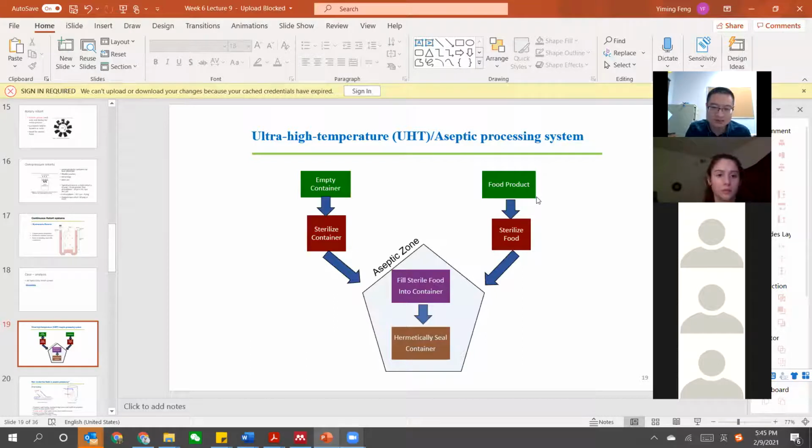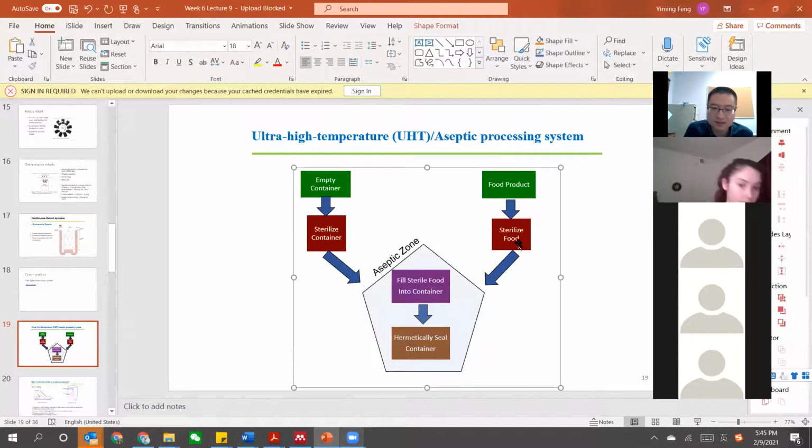The aseptic zone means it's always sterilized over time, either using UV light or a lot of different ways to keep out any contamination. And anything that is moved into the aseptic zone is also sterilized.